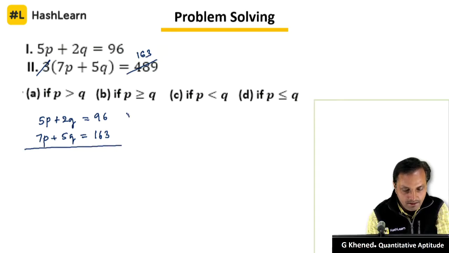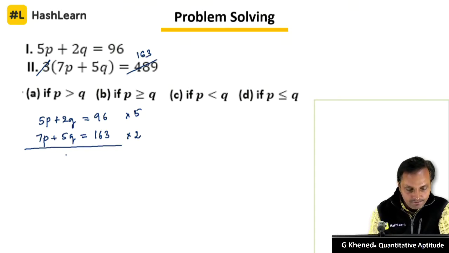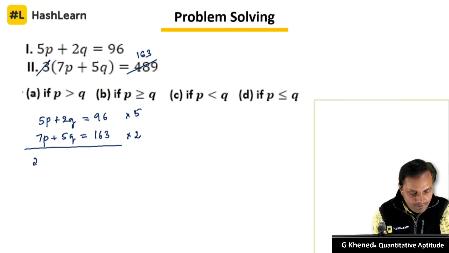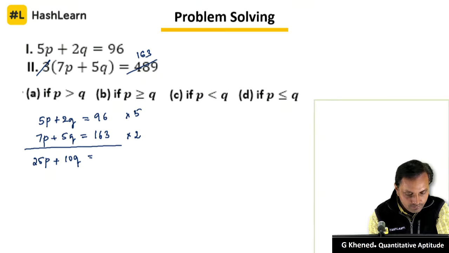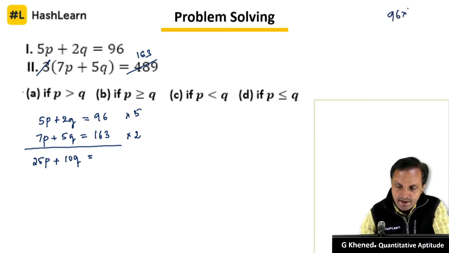You can always multiply with 5, this with 2, because I want to cancel some common terms. So 5 has a 25p, 10q, so 96 into 5, that is 960 divided by 2, that will be 480.